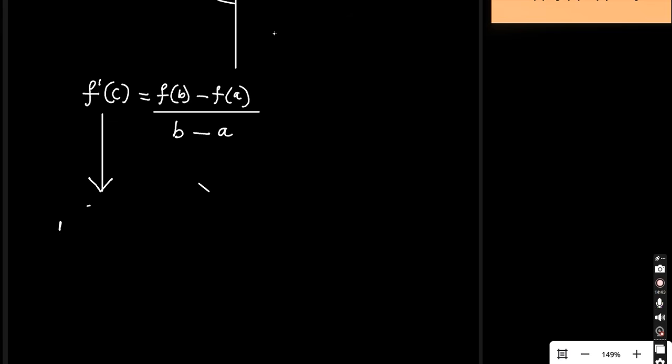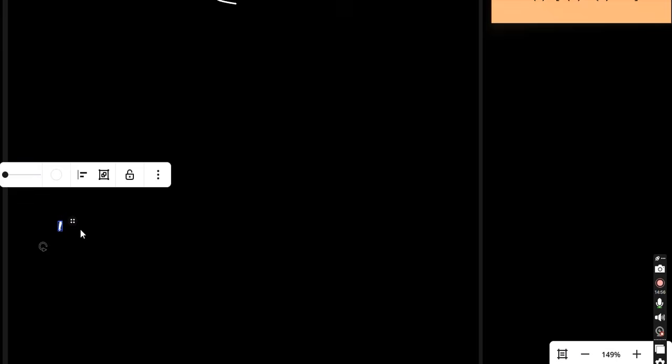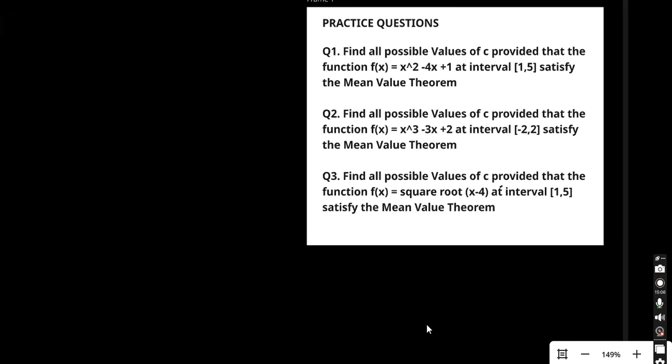Alright, so I have some questions here. We're going to implement and solve some problems. Question 1 states: find all possible values of c provided that the function f of x equals x squared minus 4x plus 1 on the closed interval 1, 5 satisfies the mean value theorem. So let us solve.